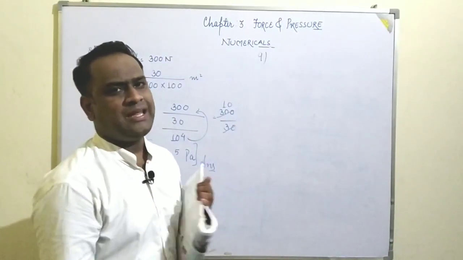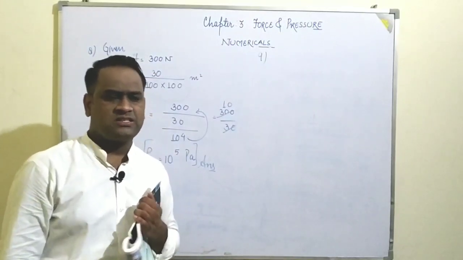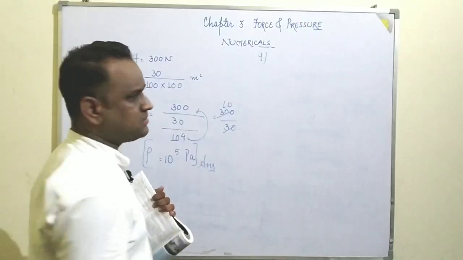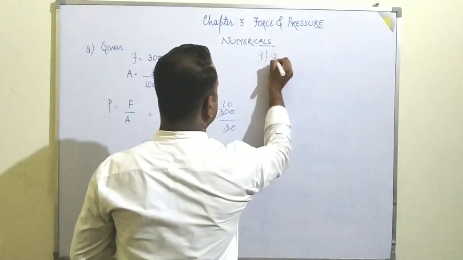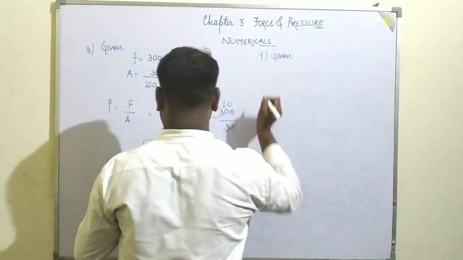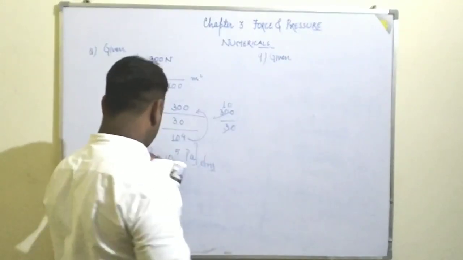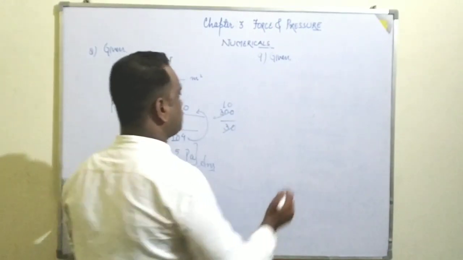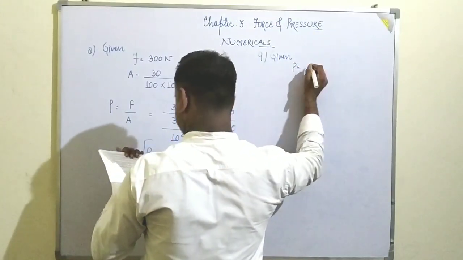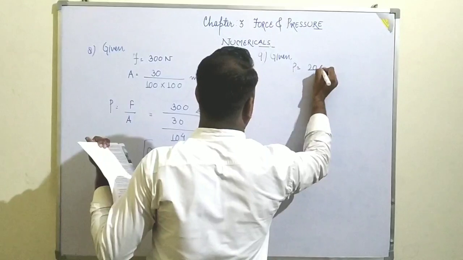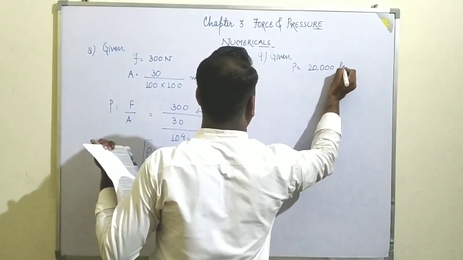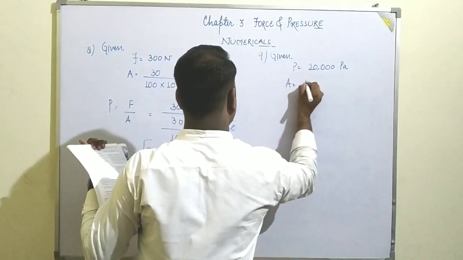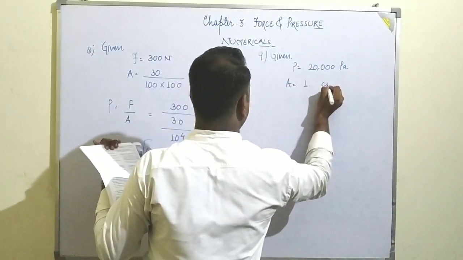Again here the area is given in the CGS system, so first we will convert the area into the MKS system, the SI system. Pressure is given as 20,000 Pascal, and the area is given as 1 centimeter square.